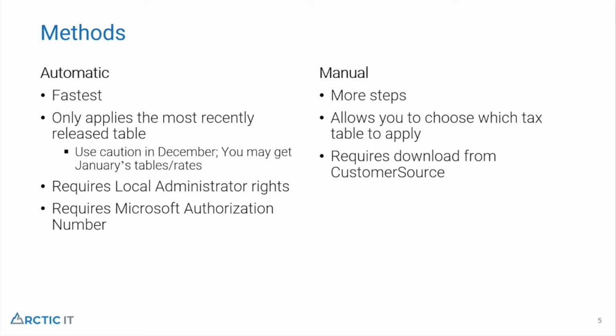Now you have to go out and find those tables, so you have to get that download from CustomerSource. You'll need a CustomerSource login or you'll need to get that information from your partner, but you can pick and choose which tables you want to apply.